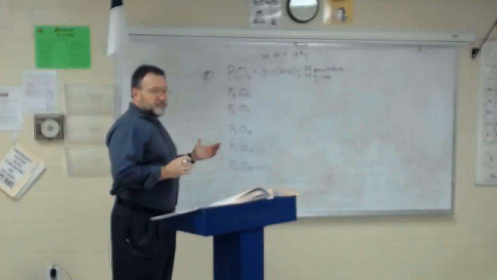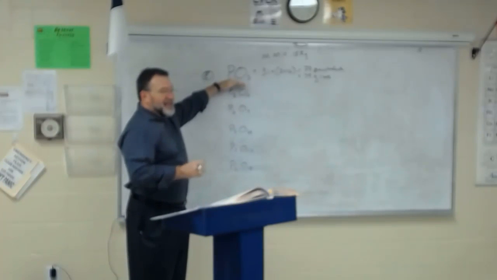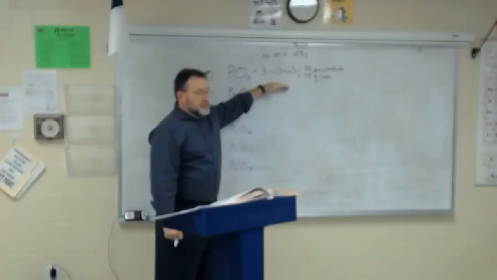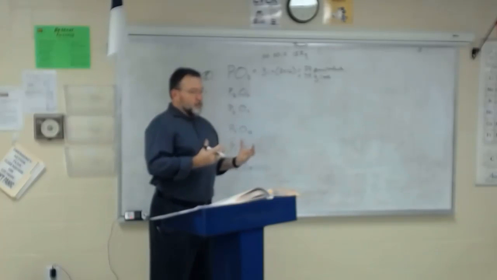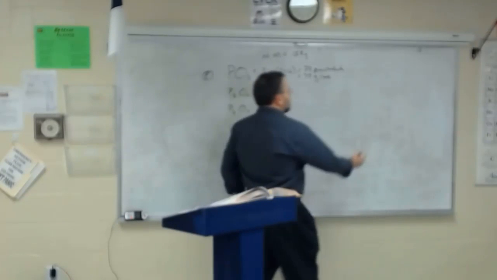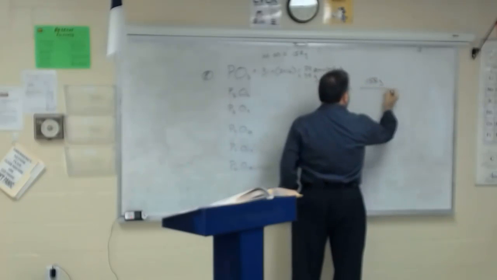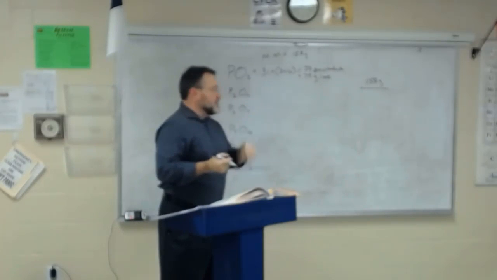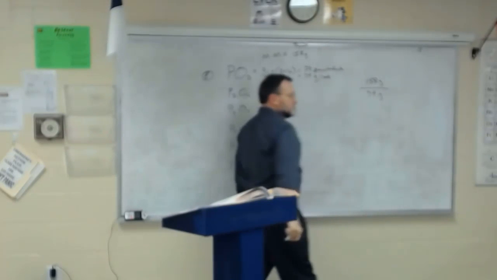Two ways I can solve it. I need this information no matter what. I need to know the empirical formula, and I need to know the molar mass of the empirical formula. Given those two pieces of information, I can solve for the actual molecular formula by saying, oh, wait a minute, I'm told that the molecular formula is 158 grams, and I know that the empirical formula has a molar mass of 79 grams.